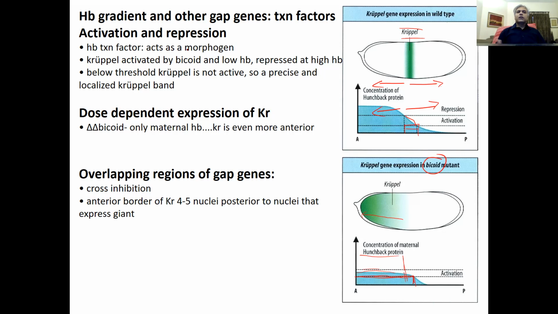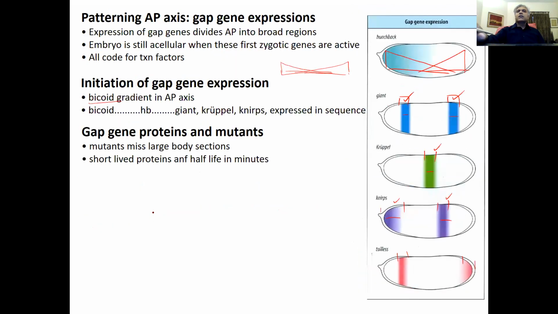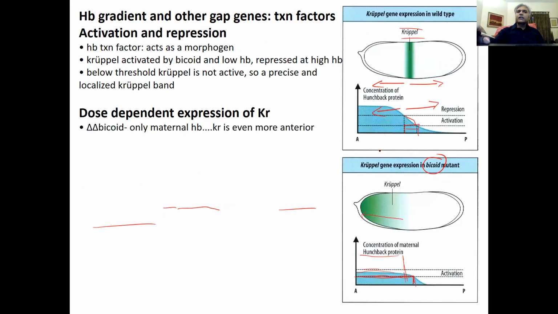Now, we are also going to see that the anterior border of Krüppel is 4 to 5 nuclei posterior to the nuclei that express giant. So this is giant, and this is Krüppel. So here there's just a 3 to 4 nuclear border.